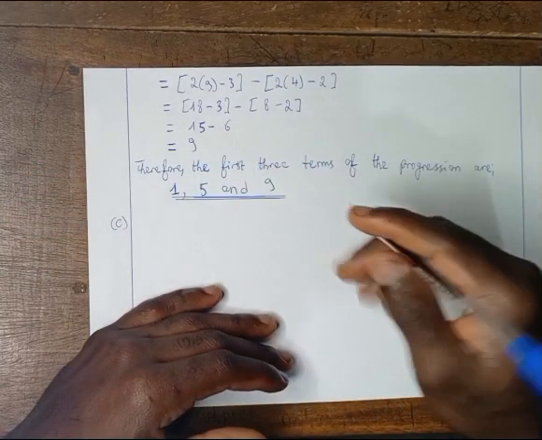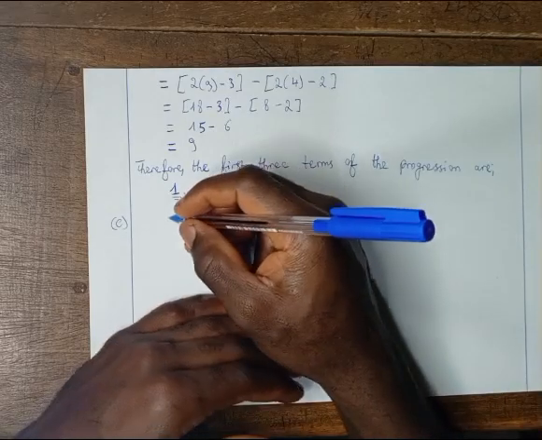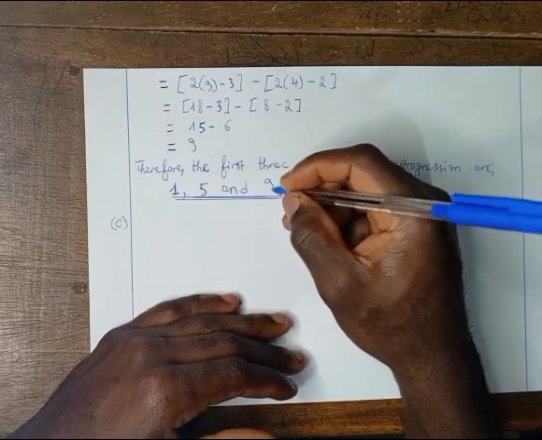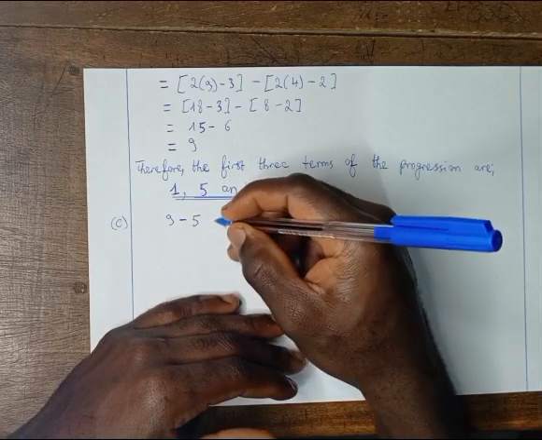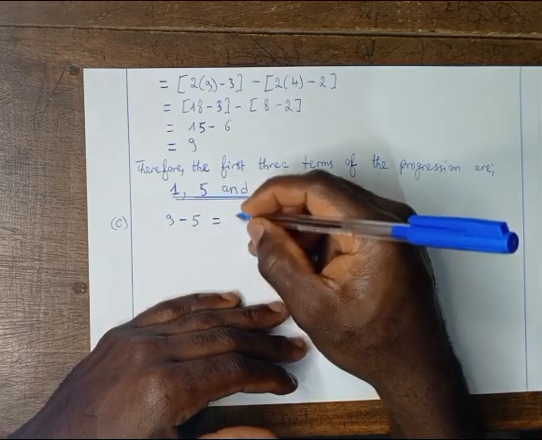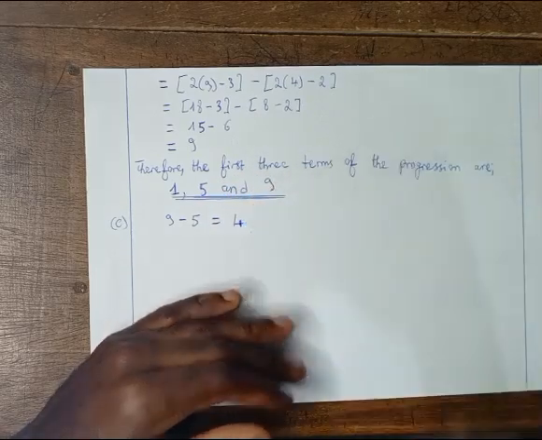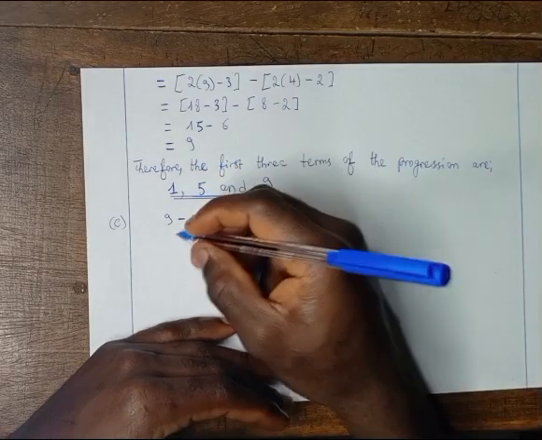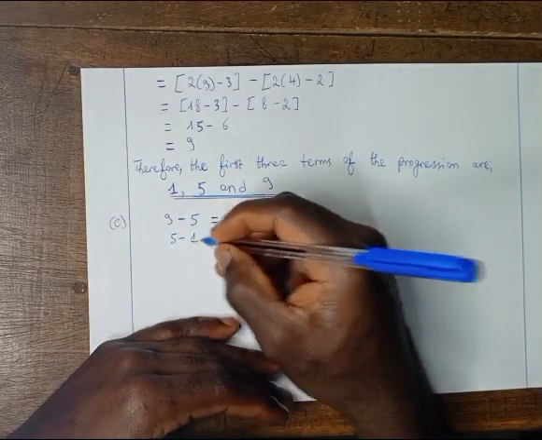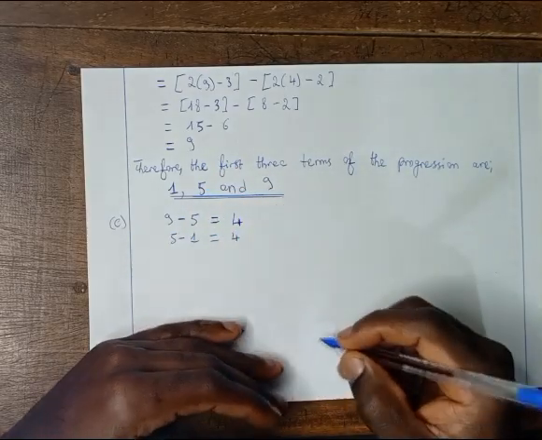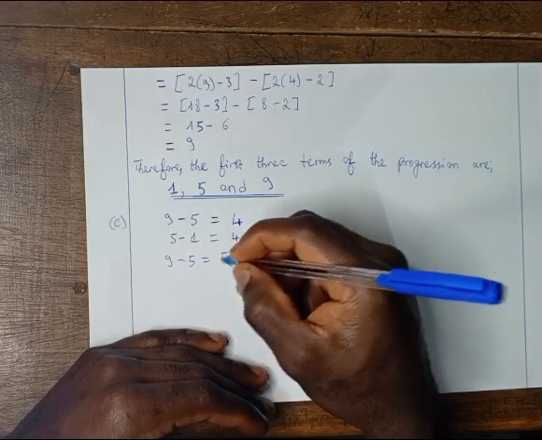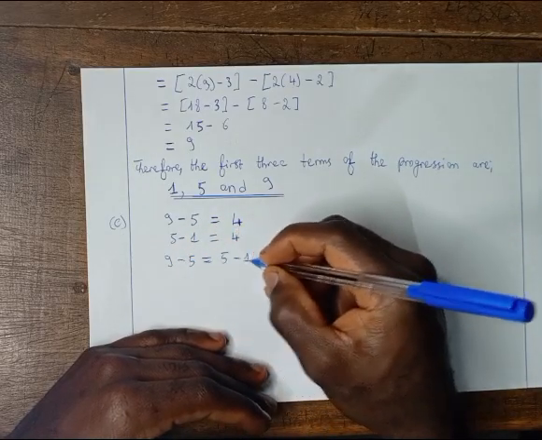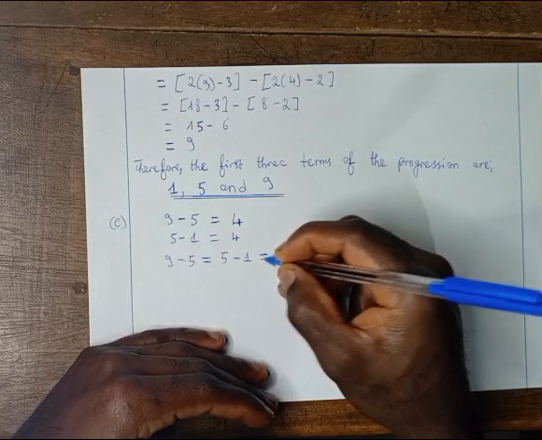Now, in this case, if we take the third term, 9 minus 5, it is equal to 4. We take 5 minus 1, it is still equal to 4. You will see that 9 minus 5 is equal to 5 minus 1, which is equal to 4.